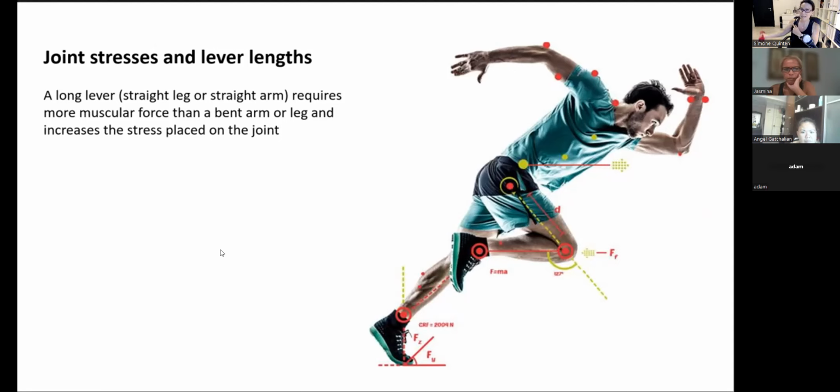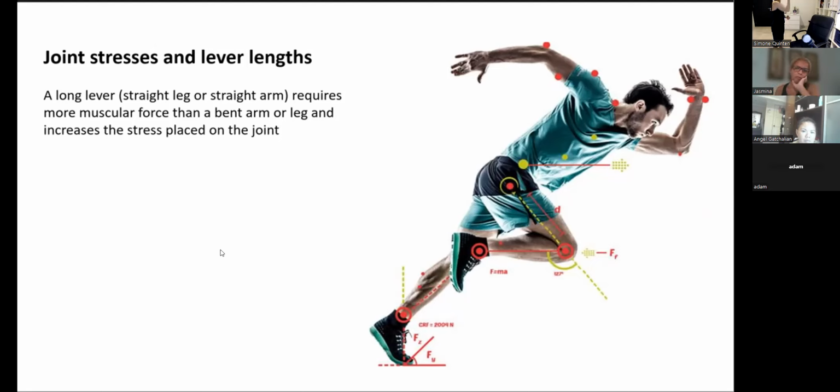Okay. So let's say you want to work your shoulder, the anterior part of your deltoid. When you do a front raise like this, that's a long lever. The force is here. This is your weight. This is much harder because this lever is longer than if you would do something like that.